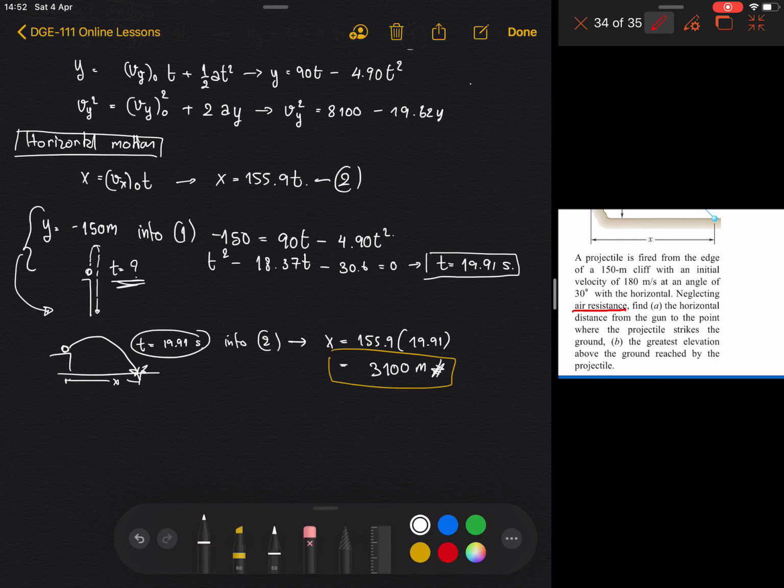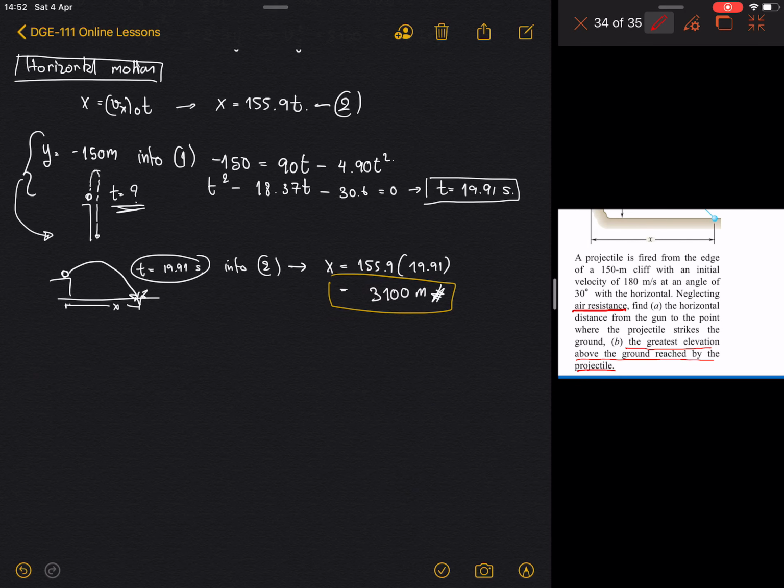And for the next one, the greatest elevation above the ground reached by the projectile. I will call this A, and this is B. What is the height? If I throw the ball like this, what is the height? That height is h max, or you can also say y max. How can you find this?